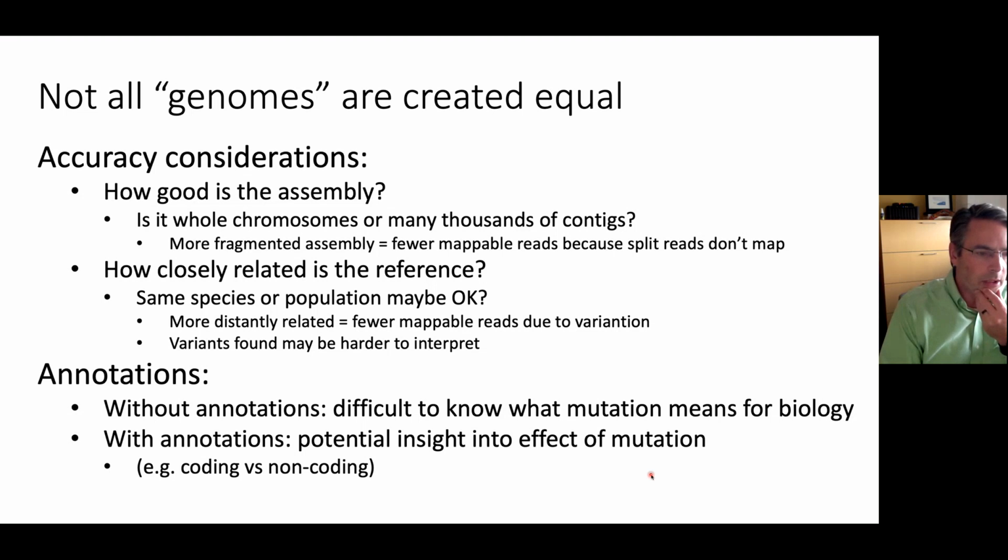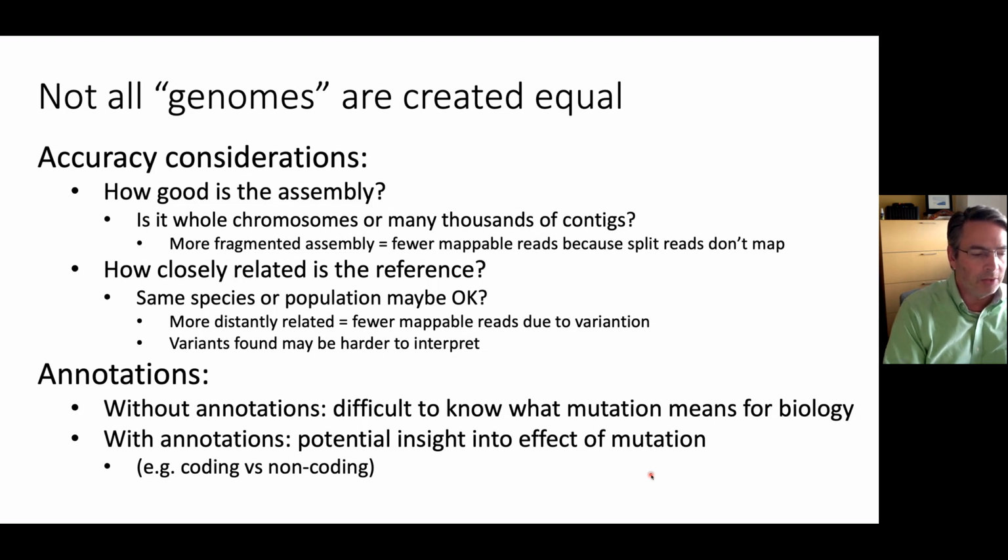So what do I mean in part by low quality public genomes? Genomes come in all different qualities, right? The main problem with resequencing and mapping is if the reference genome is highly fragmented.